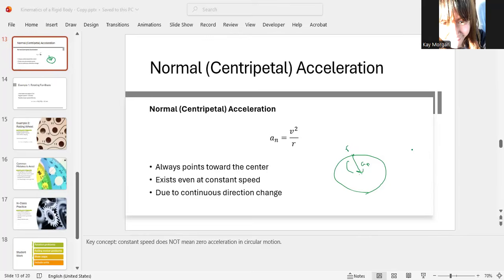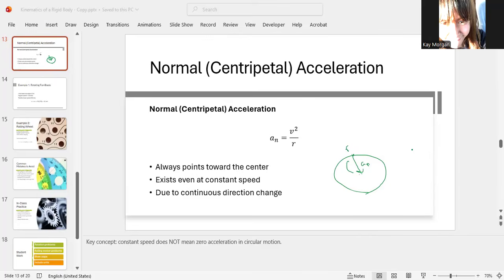The velocity can stay constant, but as soon as the direction changes, you also get acceleration. Of course, the magnitude will stay the same, but the vector of the direction is there.